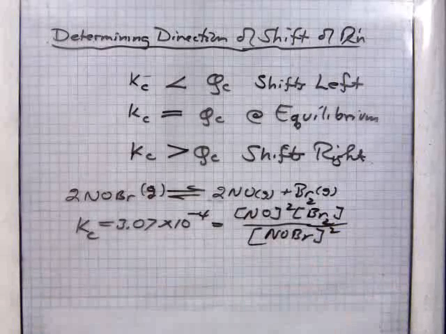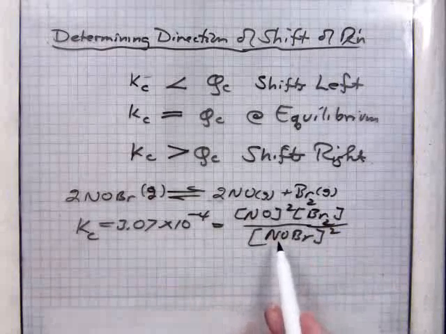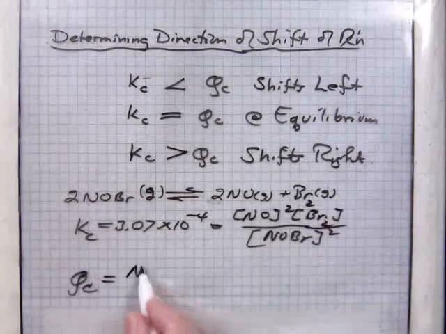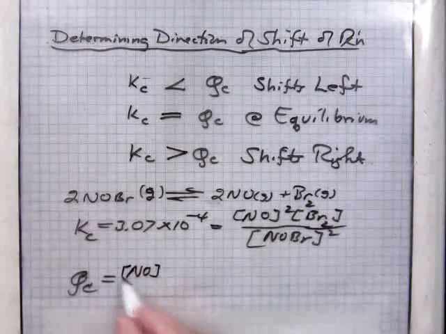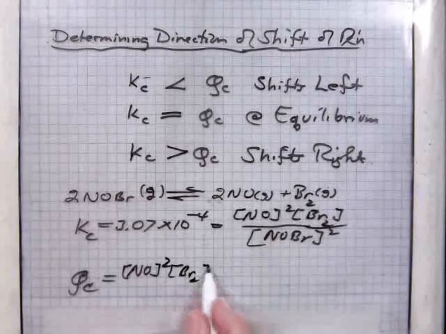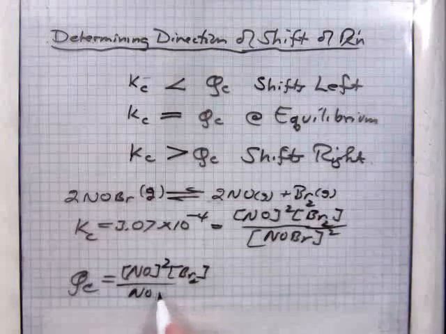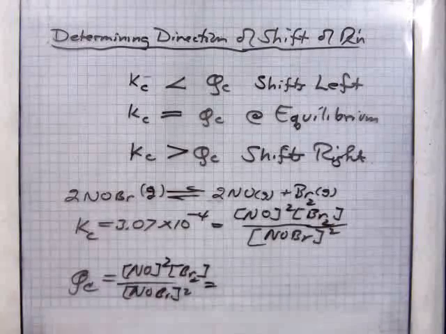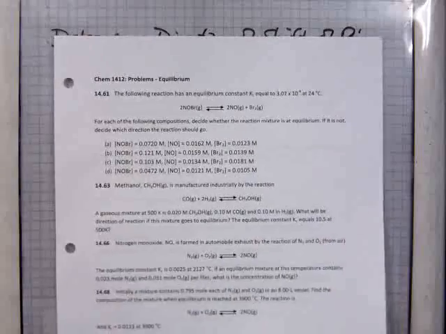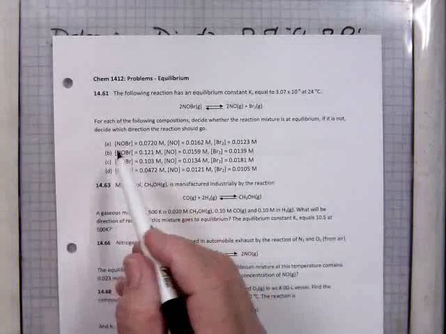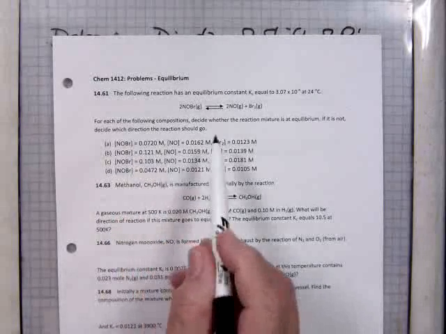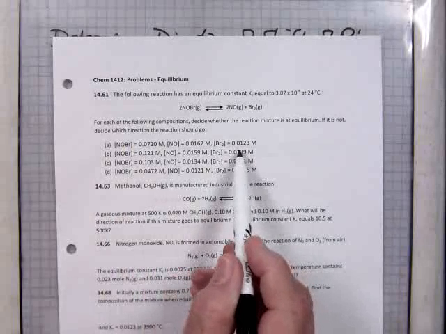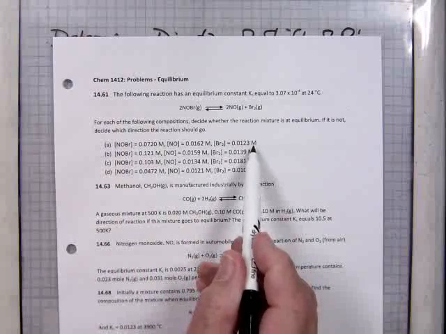Okay. Now, what we want to do is call this a QC number, NO squared Br2 over NOBr squared, and substitute the givens. Let's say you're given the data that shows up in here. If your NOBr is 0.072 molar, NO is 0.012 molar, and Br2 is 0.123 molar, what's the QC value?